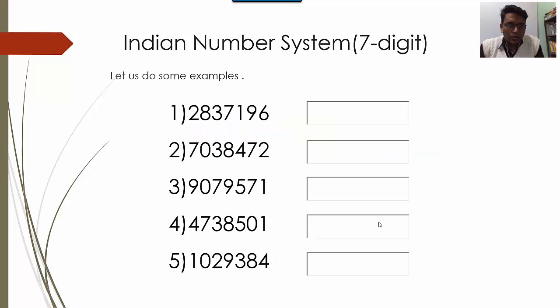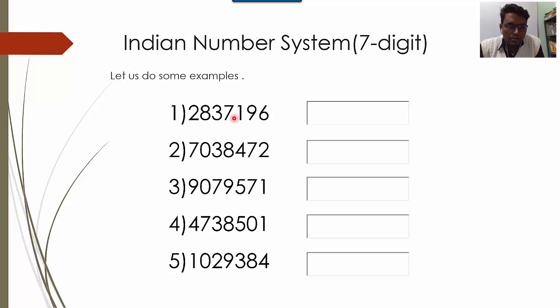So let us quickly do some examples here. I have some 7-digit numbers here. Let us solve this. Let us see the first number. The hundreds group is 196, that is 6 is at ones place, 9 is at tens place and 1 is at hundreds place. And the second group is the thousands group. So 3 is at 10,000s place, 7 is at thousands place.